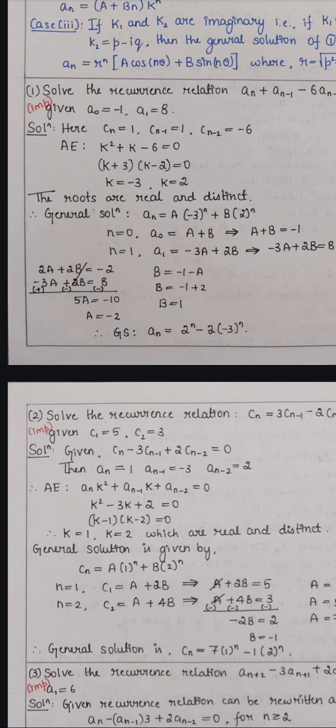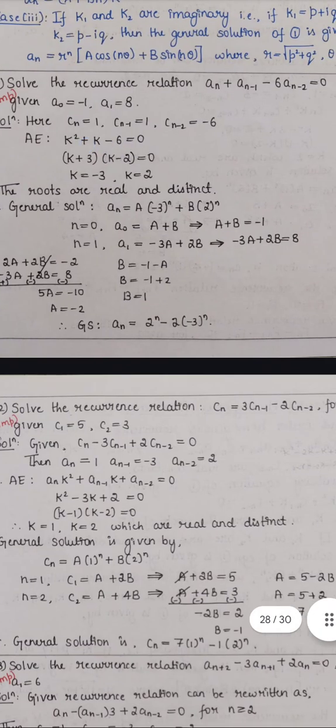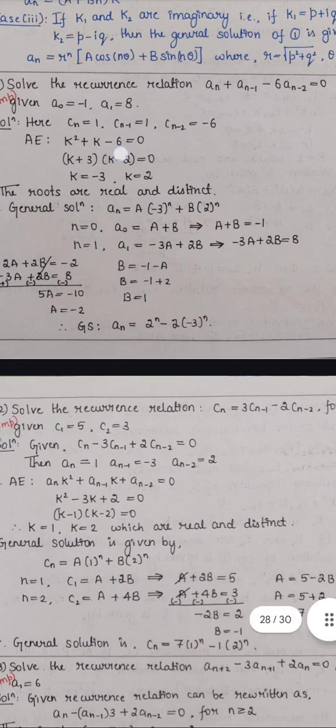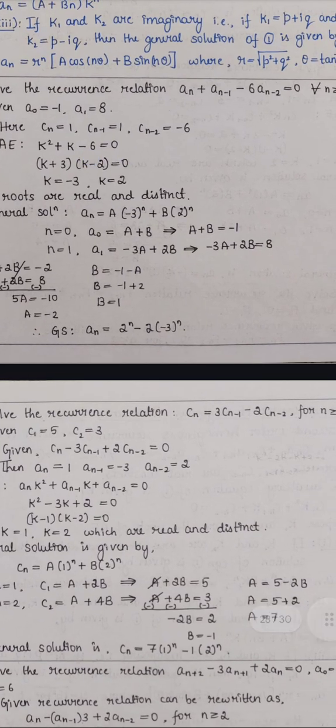Then b equals minus 1 minus a, that is minus 1 plus 2, because minus into minus is plus. Then b equals 1. So we have the general solution as an equals a into minus 3 power n plus b into 2 power n.